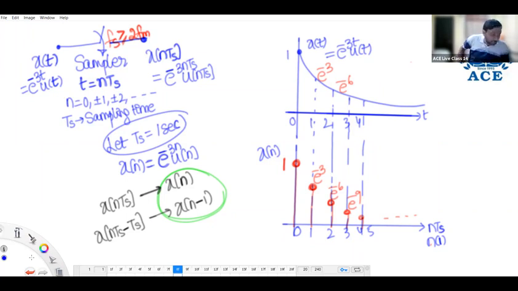Okay, moving to next slide. Let me clarify how the concept of multiplexing becomes easy because of discrete signals.